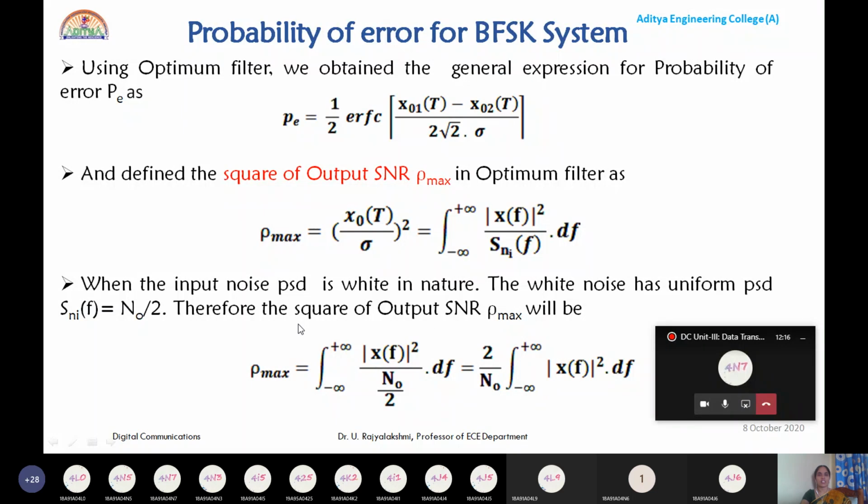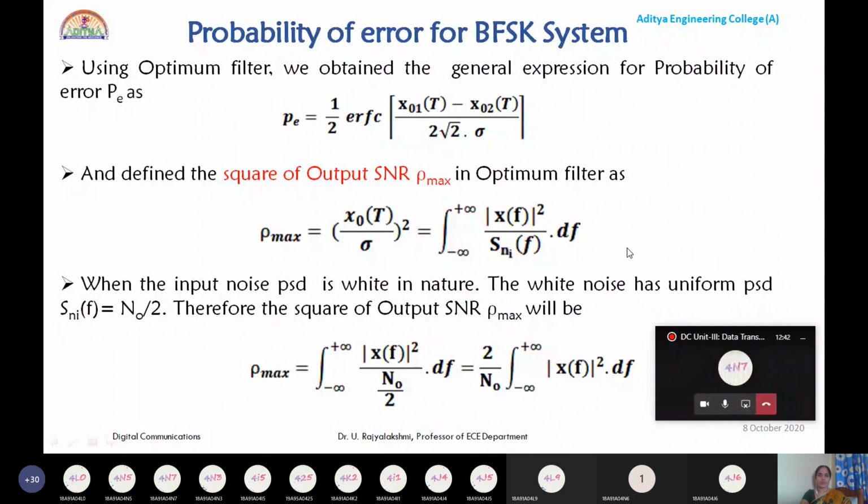Please once again replace the square of output SNR expression by using SNI of f as N0 by 2. Because this is in the denominator, you will get it as 2 by N0 integral from minus infinity to plus infinity mod X of f square df.